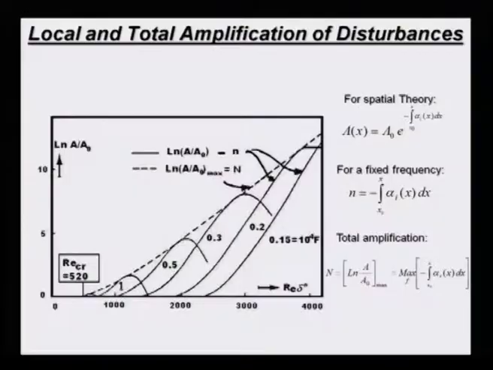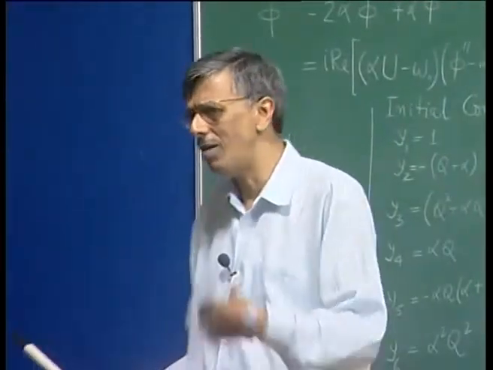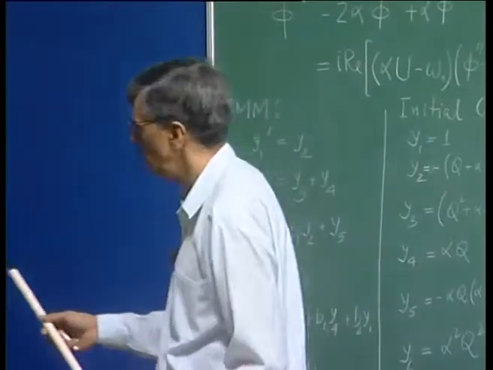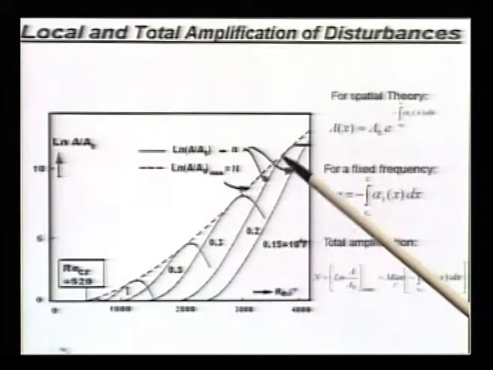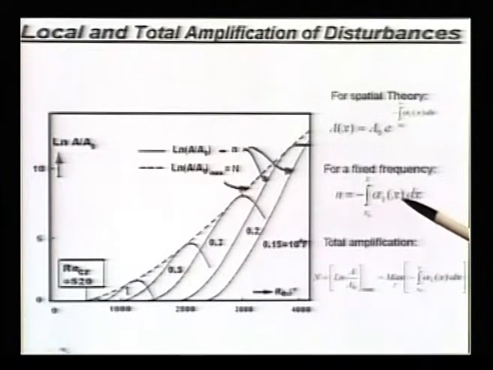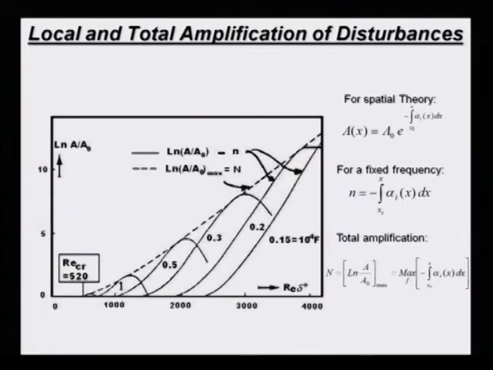So, this is somewhat like this, that as I go along, some disturbances are going to grow, and different frequencies will have different growth rates as given by this. So, we talk about a fixed frequency growth for a fixed frequency, and we can talk about a total amplification, as if, as we are going from one station to another, this amplitude is going to translate into the next frequency, and so on and so forth. Then your disturbance has grown along the dotted line.